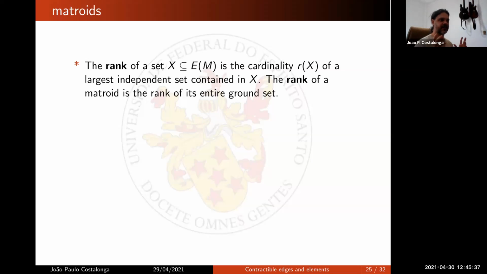Again, it is a set that does not contain circuits. In a graph, a forest is something without cycles. So we generalize the same thing. The rank of a matroid is the rank of the entire ground set. For a graph, it would be the number of vertices minus 1.